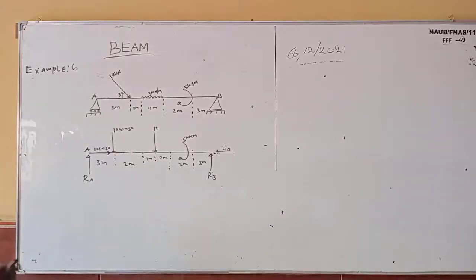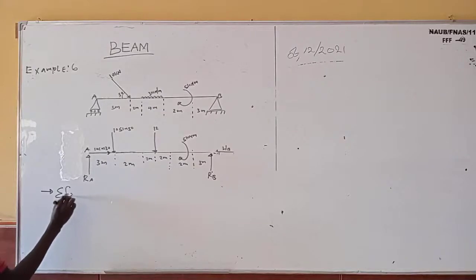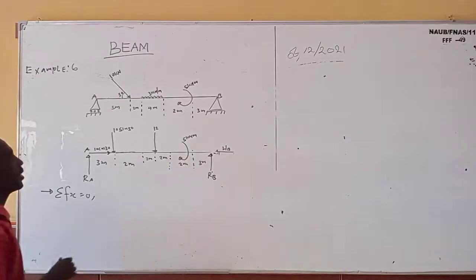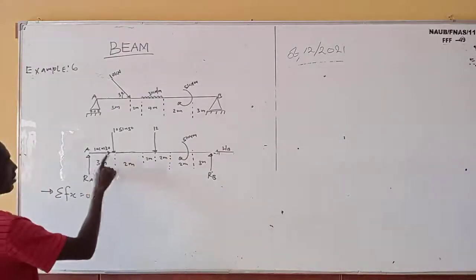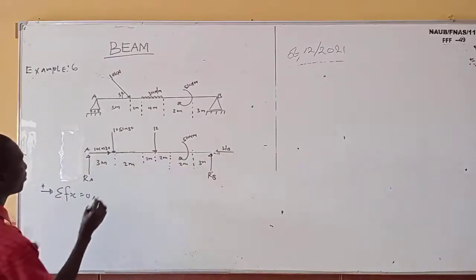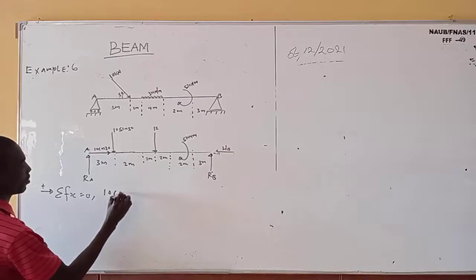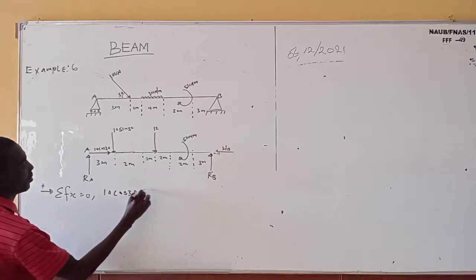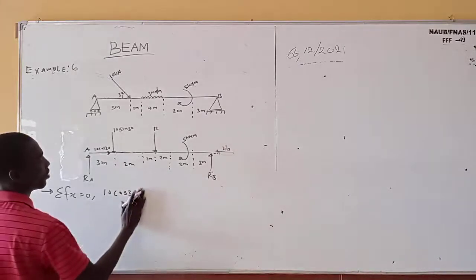So now let's do some calculations. The first thing is we take our summation of horizontal forces, which is equal to 0. How many horizontal forces are we having? This and this. I already said any horizontal force in this direction should be positive. So this one will be positive, that is 10 cos 30. Is it plus or minus for this one?